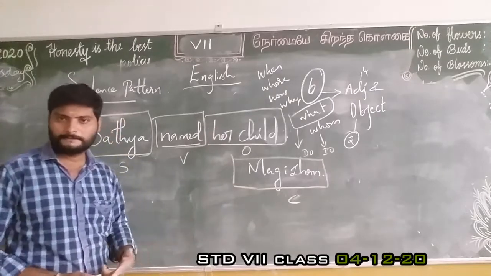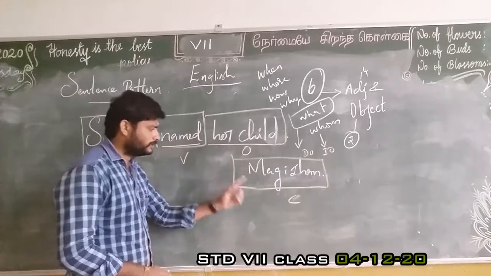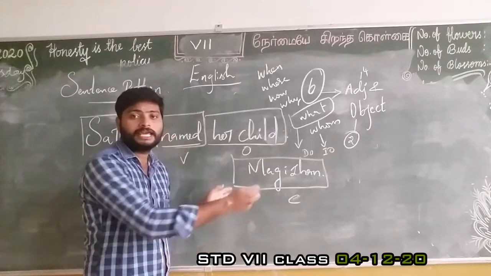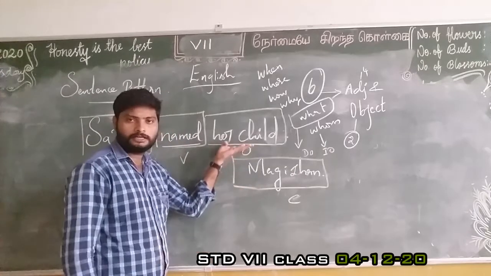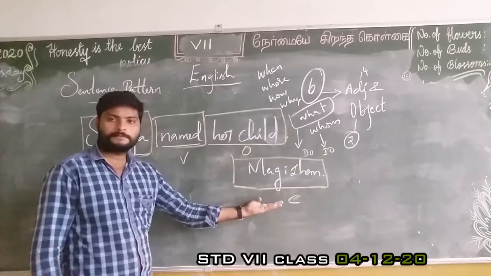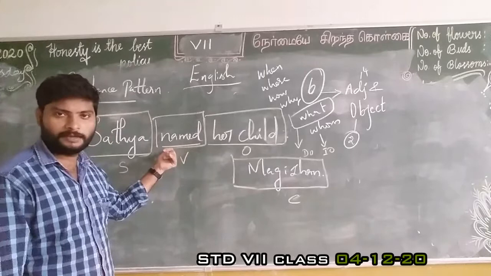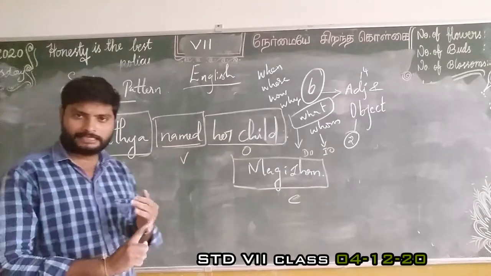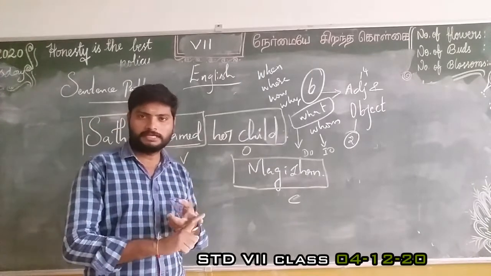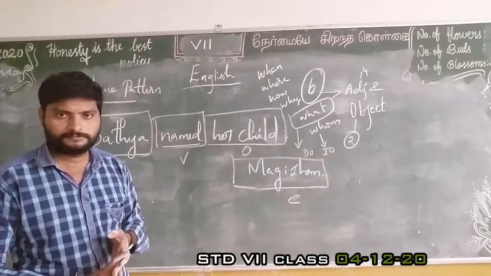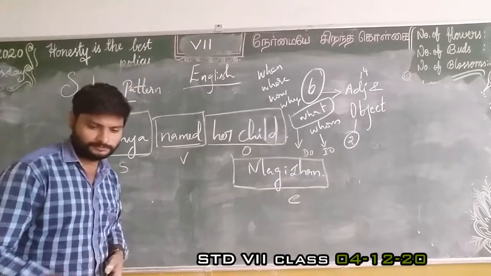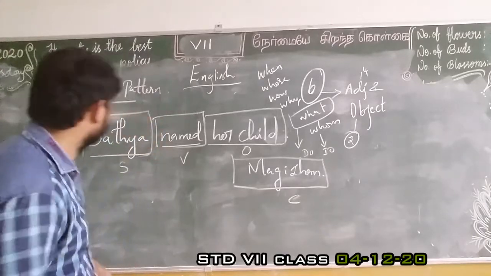Do you understand? Whenever you have the complement part, which means the name after the object, it will be a complement. Complement follows verbs like elect, select, name, paint. Okay, clear?